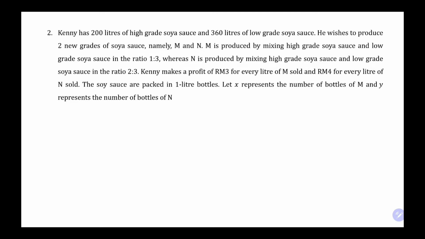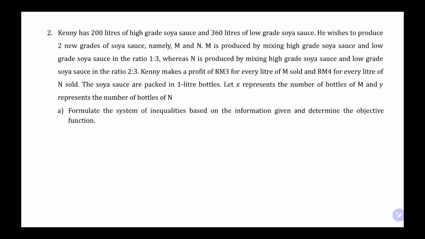Kenny makes a profit of RM3 for every liter of M sold and RM4 for every liter of N sold. The soya sauce are packed in 1 liter bottles. Let x represent the number of bottles of M and y represent the number of bottles of N. First question, formulate the system of inequalities based on the information given and determine the objective function.